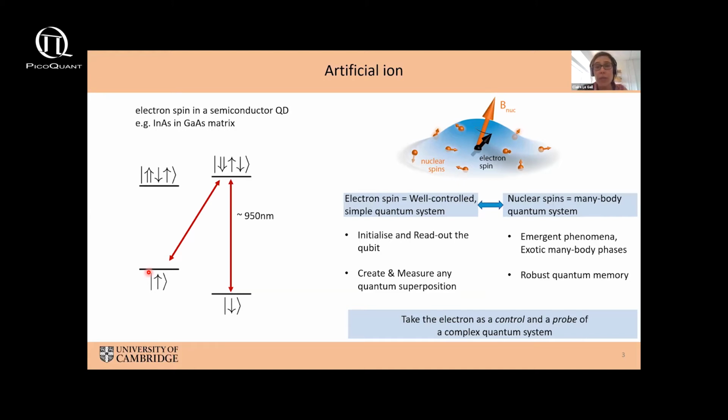We know how to initialize and read out the qubit with resonance fluorescence. And we can, in fact, create or measure any quantum superposition by shining an optical field, via a Raman process. We can essentially mimic the spin control that one has with standard radio frequencies, standard electron spin resonance techniques.